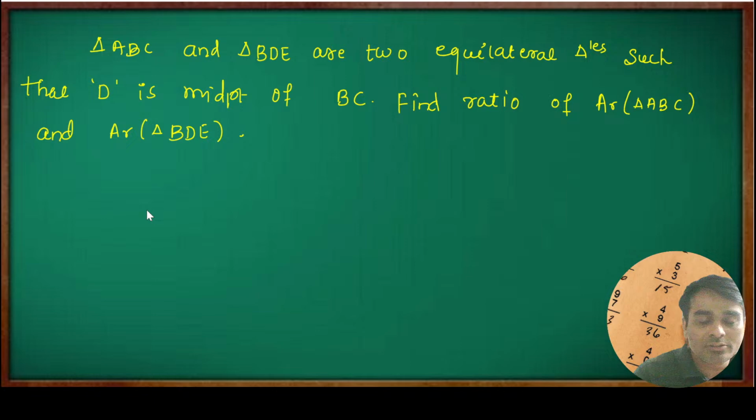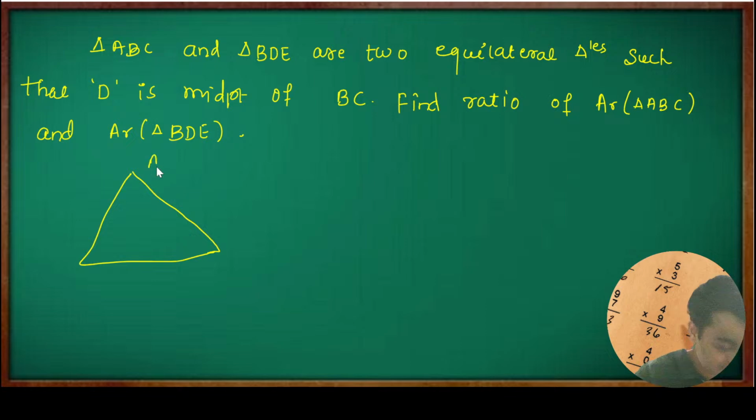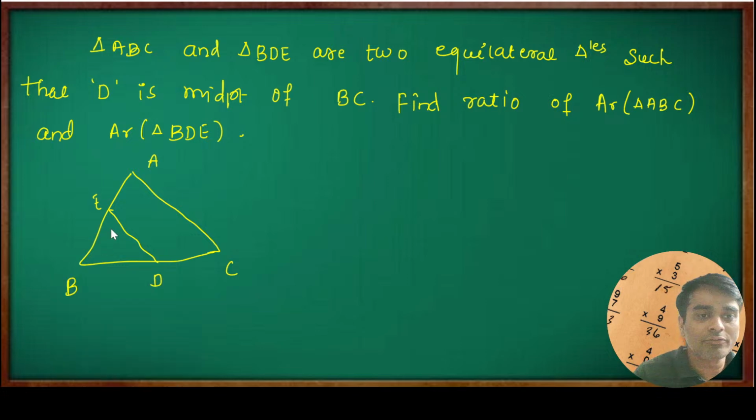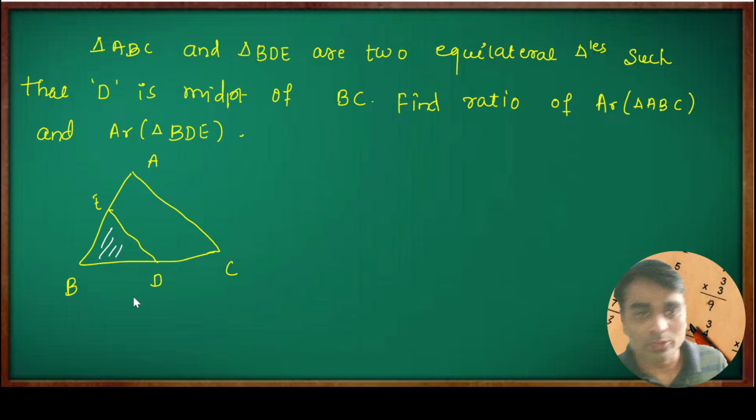So first of all, let's take a triangle ABC. I will construct one more triangle inside this by drawing a parallel line to this side. Let me name this as BDE. They are asking the ratio of this one over the bigger one.